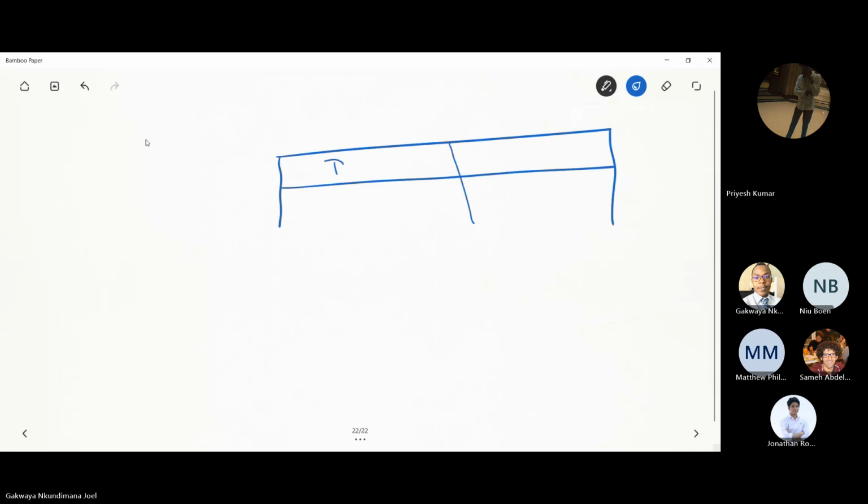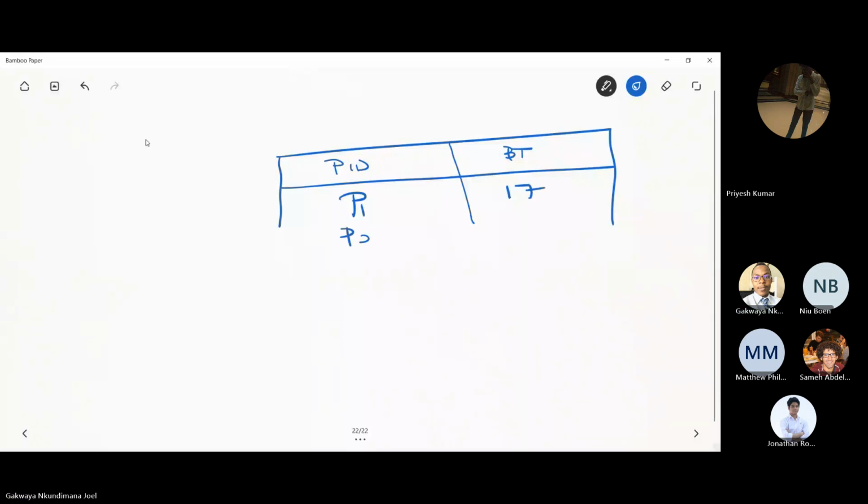We have process ID, and also here we have the burst time. And the first process ID which you have here, let's say P1, you are given 17.